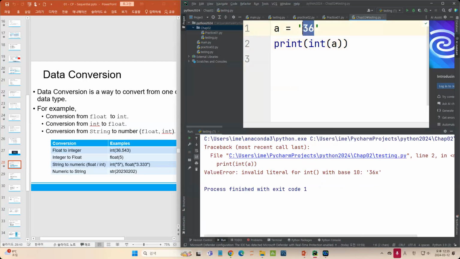So why do we need to use numbers as a string? For example, your student ID.